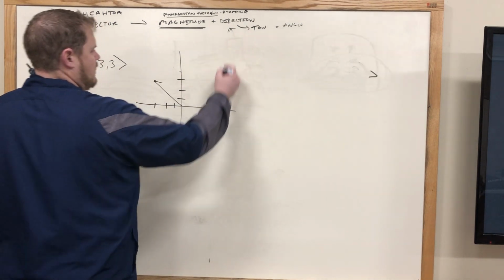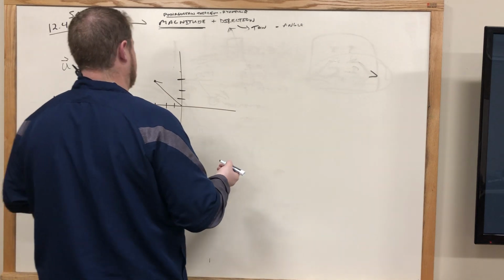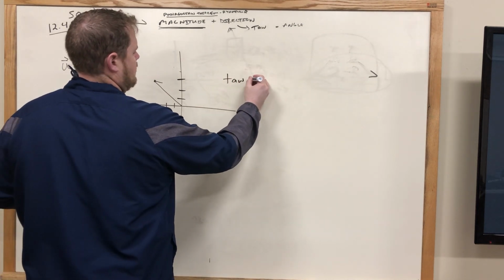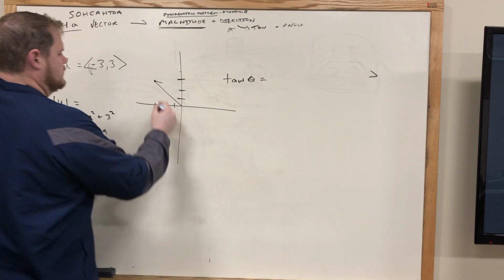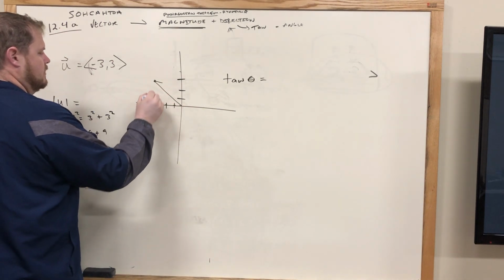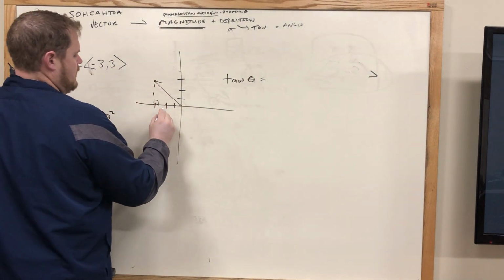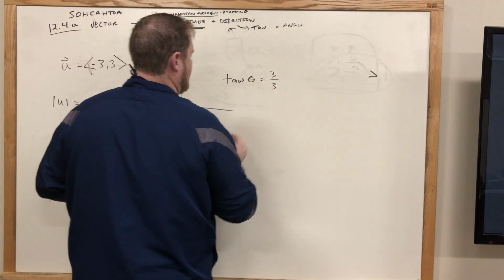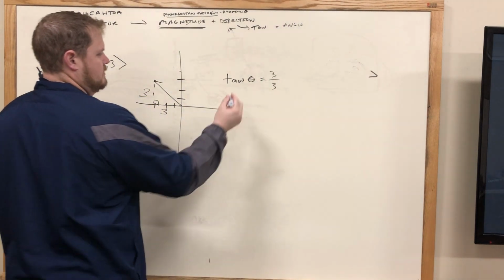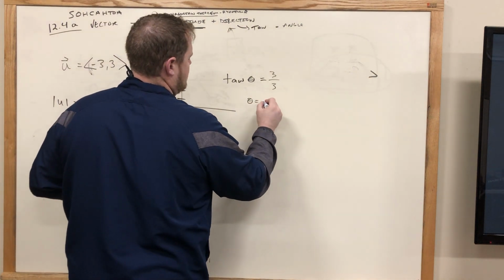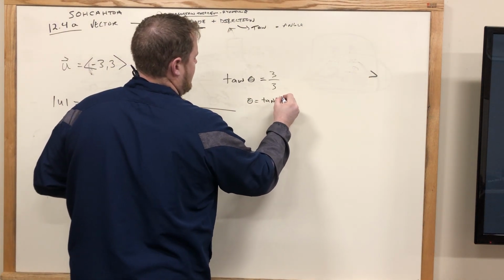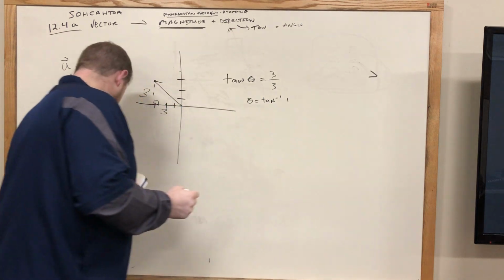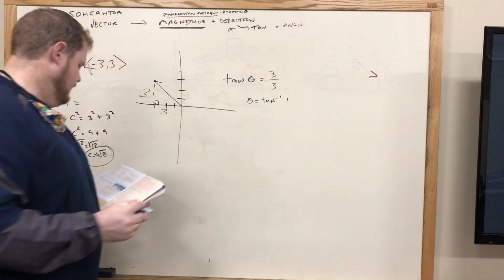Now let's find our direction. So tangent theta equals, now remember our right triangle, 3, 3. So 3 over 3, right? Opposite over adjacent. So theta equals tan inverse of 1. And what does that give us?